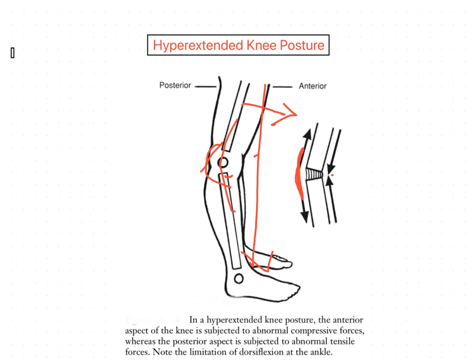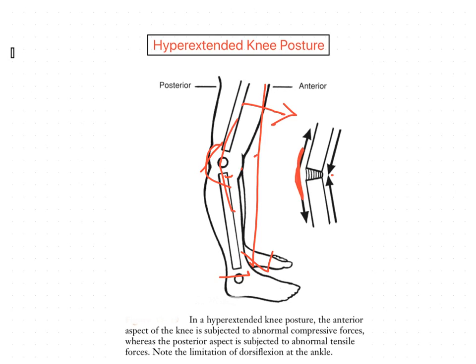Okay. So the hyperextension at the knee is usually caused either by limited dorsiflexion at the ankle or by fixed plantar flexion position of the foot and ankle called equinus. In that condition also we can see the hyperextension.